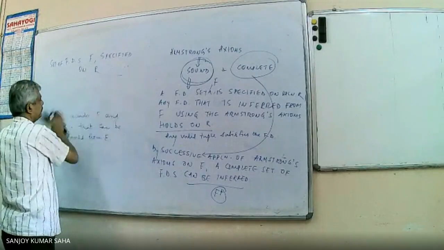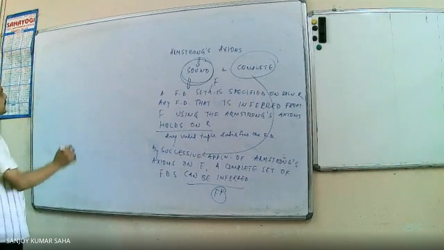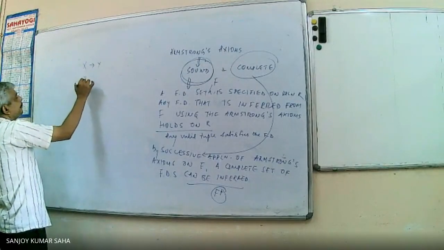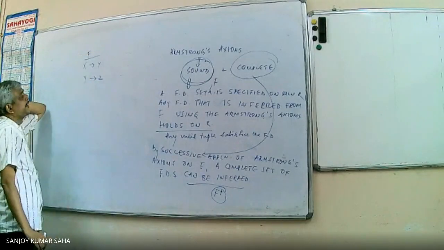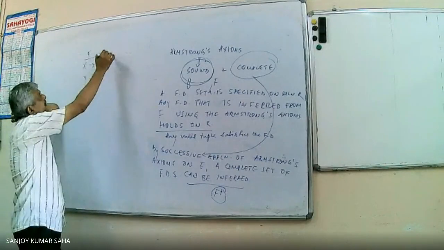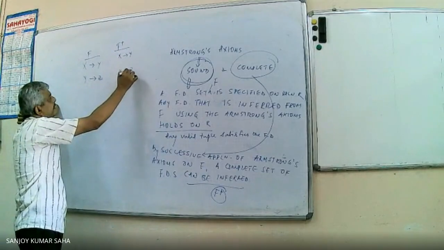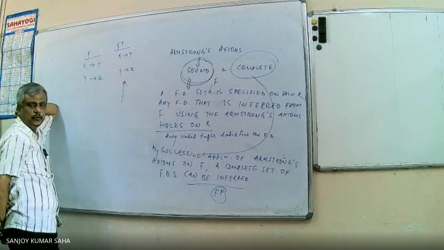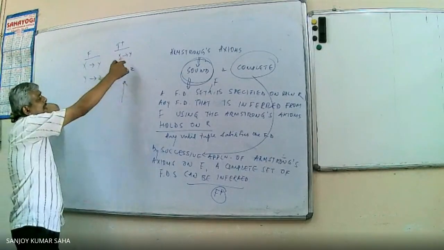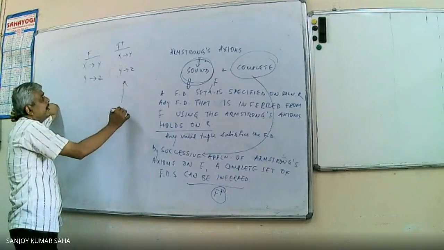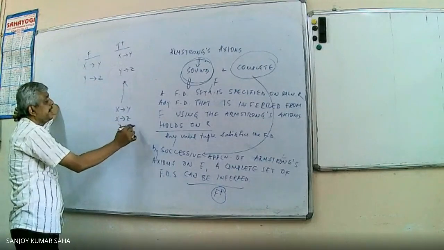Suppose we are given X implies Y, say Y implies Z. If we go on applying, so initially this is the closure. Then we try to find whether by applying the inference rule we can make changes here or not. So see, readily we can say, okay, this can also be inferred.